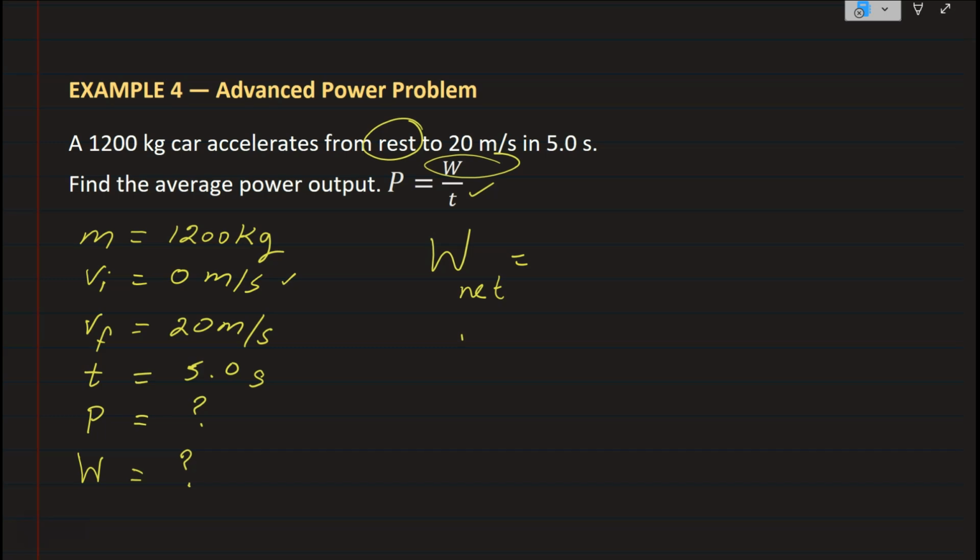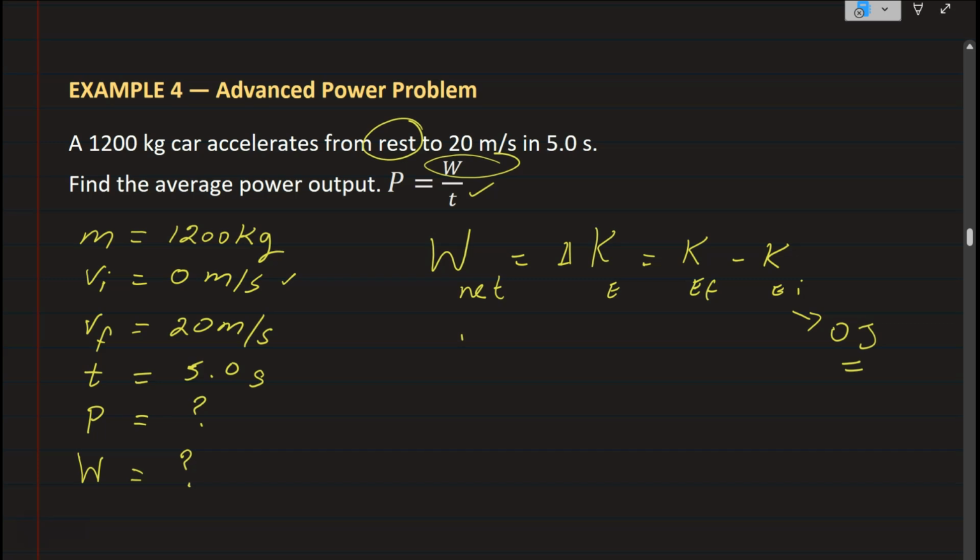Remember that delta kinetic energy, the changing kinetic energy, is the kinetic energy final minus kinetic energy initial. Kinetic energy initial is 0 joules, so we don't have to worry about that. We just have to calculate the kinetic energy final, which is the same as net work. So let's go ahead and do that.